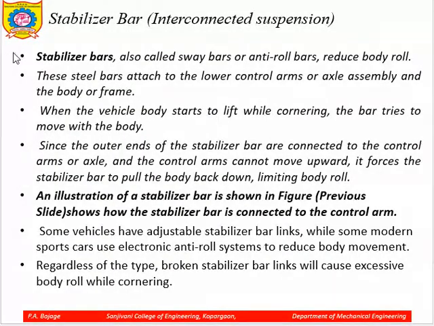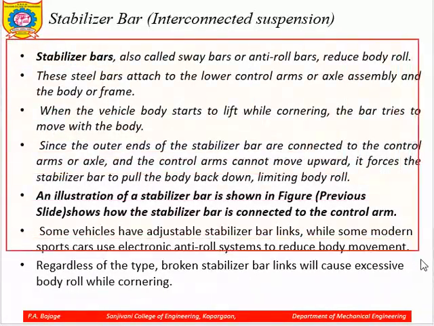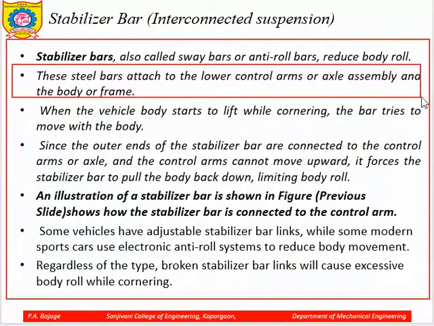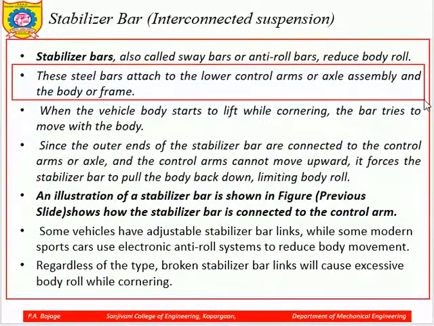So, it is telling you the same thing. The stabilizer bar is also called the sway bar or anti-roll bar, to reduce the body roll. Okay, the function is the same. So, these are steel bars attached to the control arm and the frame of the vehicle.